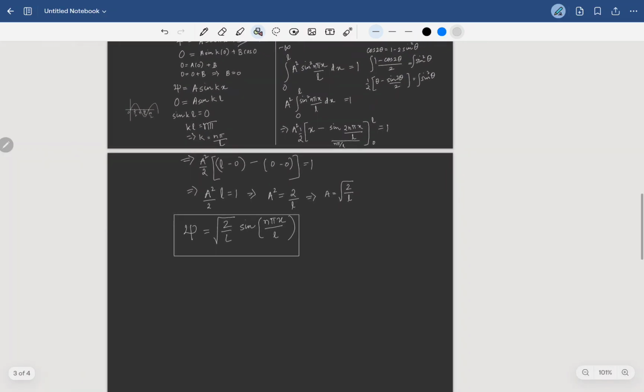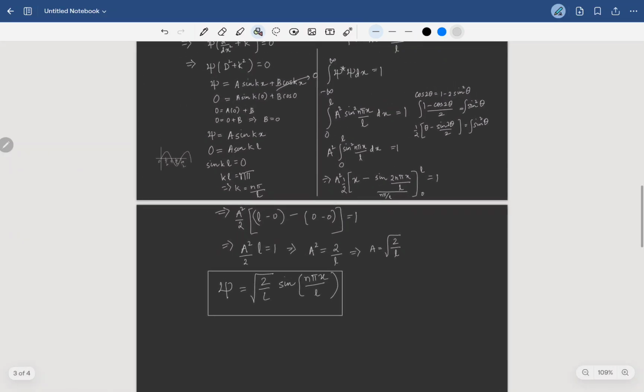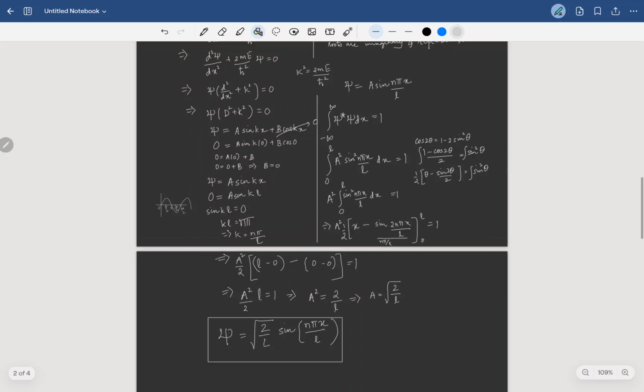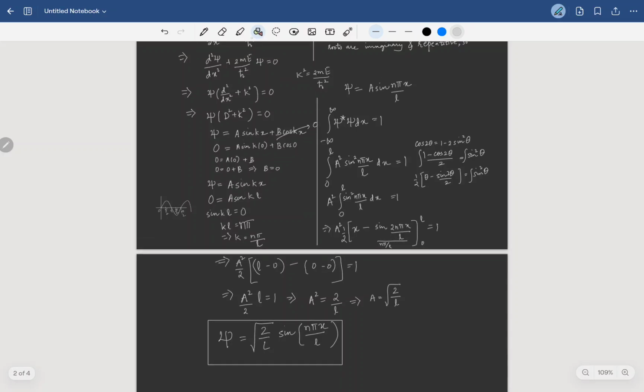Now let's find out its energy. It's simple actually. It's not much of a trick as we did before. Just equate this one and this one.